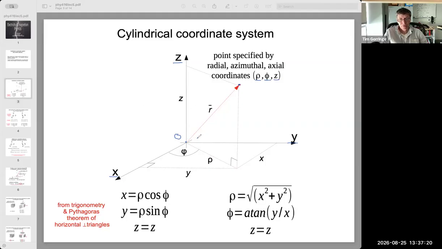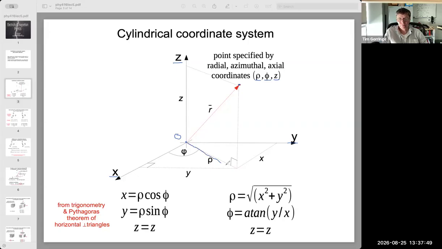So what are rho, phi, and z? Let's see if we can answer those. I'll start with rho and then go to phi, then go to z. On this sketch of r and the rectangular coordinate systems, imagine that we project r's shadow with some bright light above r onto the xy plane, the horizontal plane.